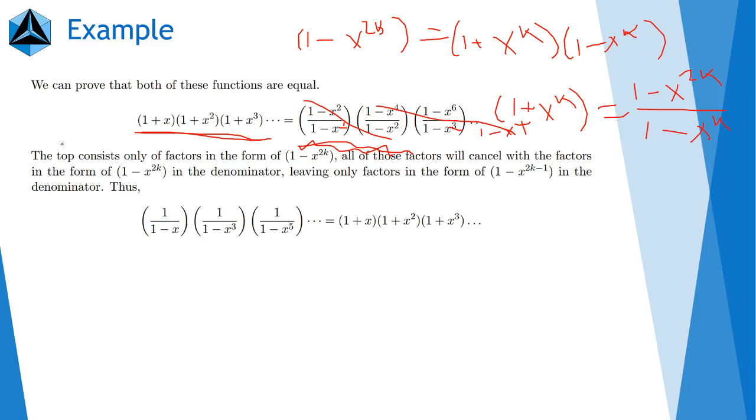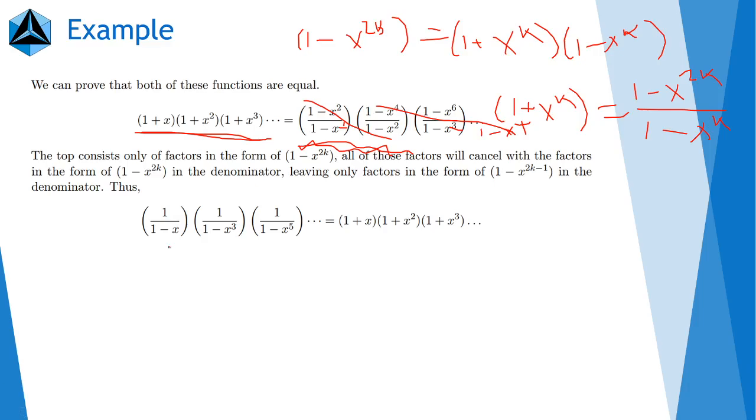As we can see here, in this explanation, the top consists only of factors in the form 1 minus x to the 2k, so ones with even exponents. All those factors will cancel out with the factors in the form of 1 minus x to the 2k in the denominator, leaving only the factors in the form of 1 minus x to the 2k minus 1, the odd ones. But since there are no factors with odd exponents in the top, we'll have all the ones with odd exponents in the bottom.